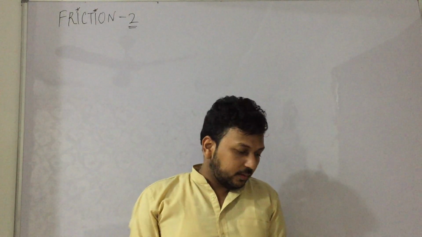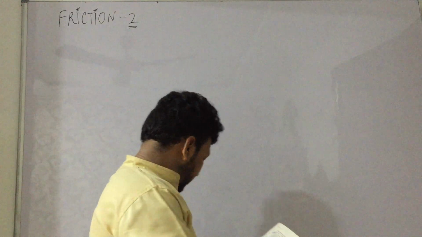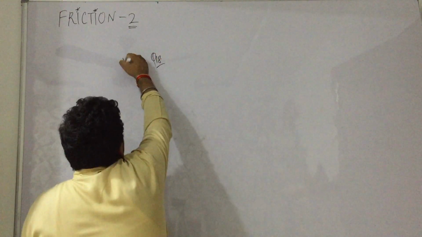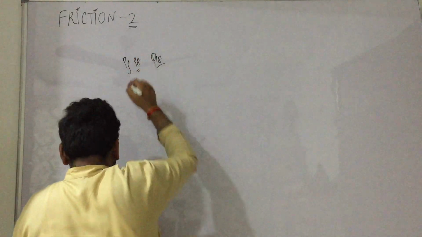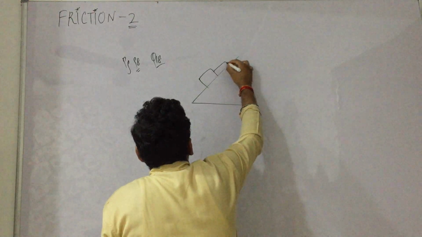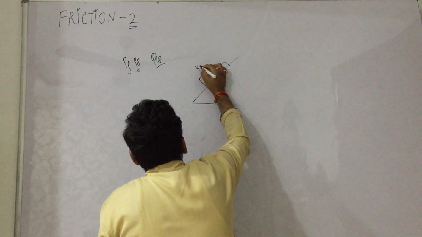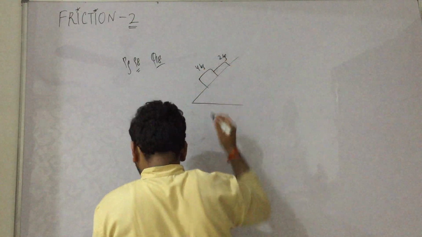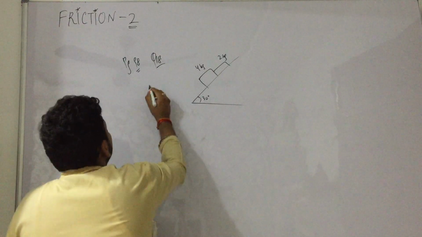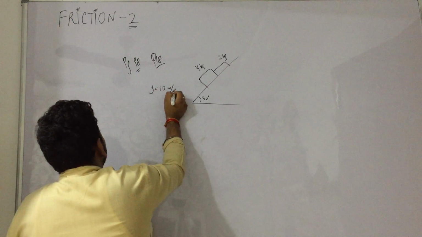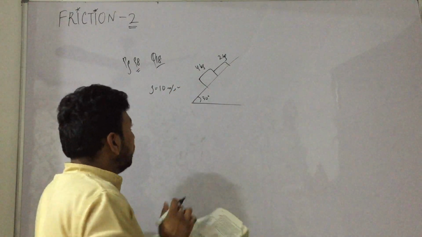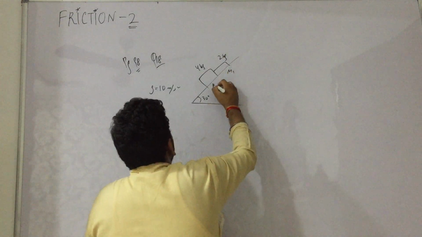Let us take another question from HCV. Question number 18, page number 98. Okay, so the question is like this, that two blocks are there, 4 kg, 2 kg, and this is the angle 30 degree. G is again 10, and coefficient of friction between 2 kg is mu1 and this is mu2.